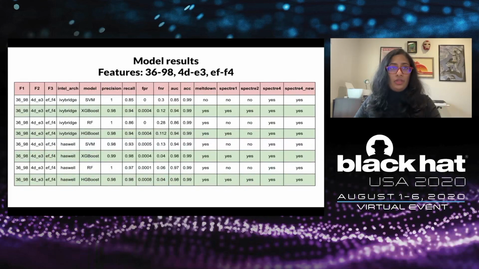And then you can see whether these models detected the attacks that we fed. The green colored rows, as you can see, have the models that are doing really well, and they are detecting all the attack variants, all the Spectre and Meltdown variants, right?